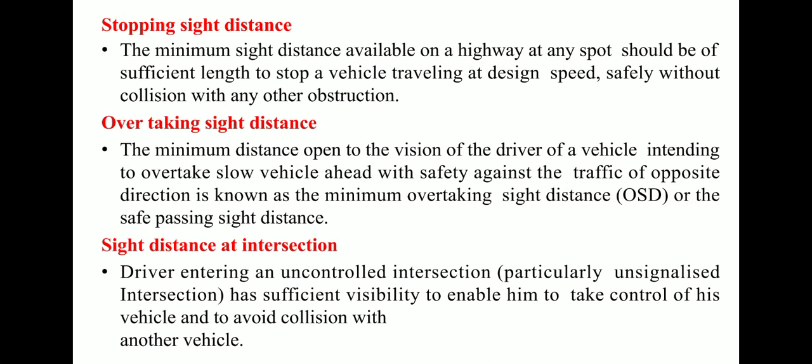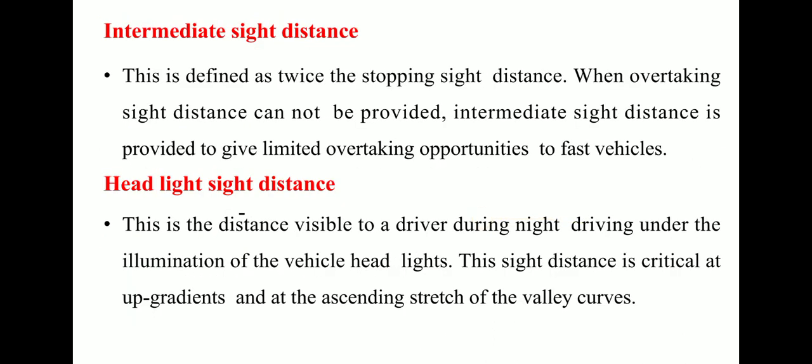Sight distance at intersections: a driver entering an uncontrolled intersection should have sufficient visibility to enable him to take control of his vehicle and avoid collisions with another vehicle. Intermediate sight distance is defined as twice the stopping sight distance. It is very simple, simply double the stopping sight distance.